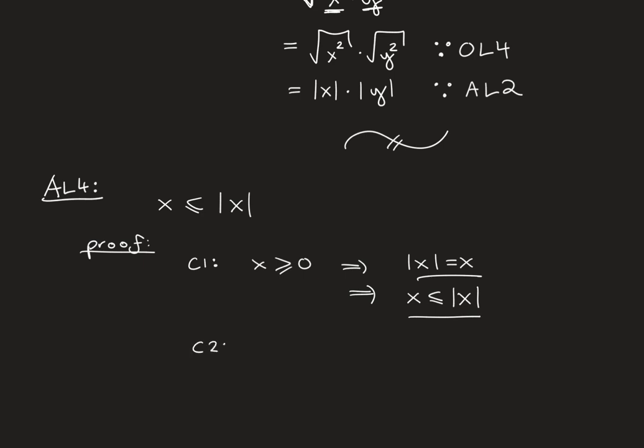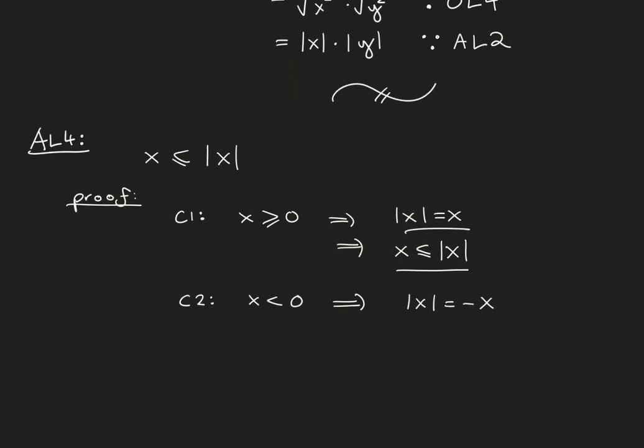Case 2 might be a little bit more of trickiness. If x is less than 0, that implies the absolute value of x is equal to negative x. But also, negative x is bigger than 0, and that is because of our first order law.